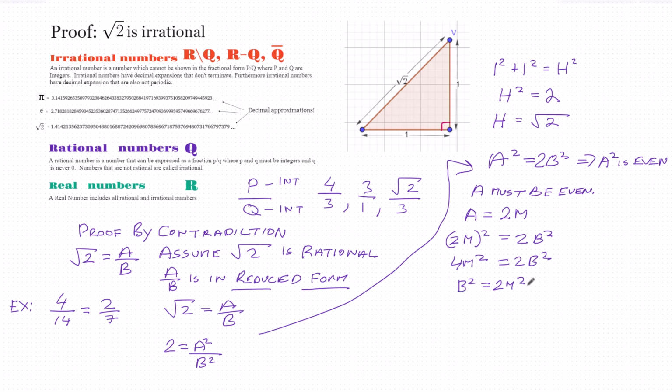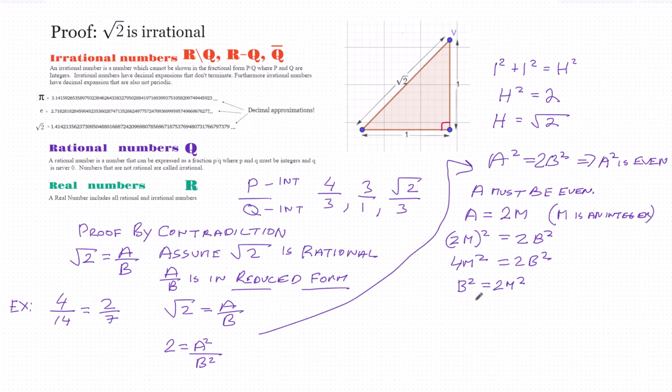So now, if b squared is equal to 2m squared, what does that tell us about b squared? It must tell us something very important. If b squared is 2 times some number m, and we must say again that m is an integer, okay, b squared is equal to 2m squared.